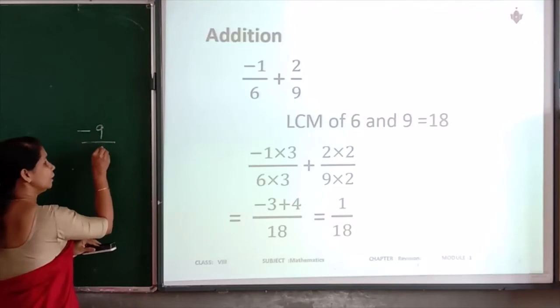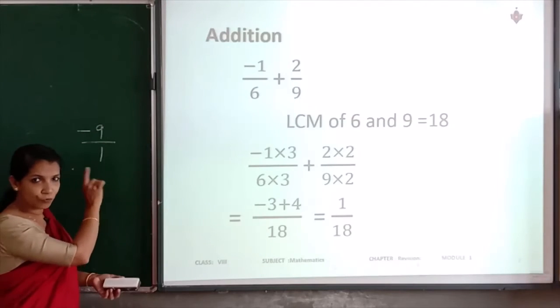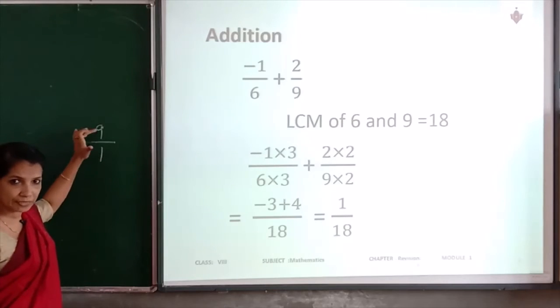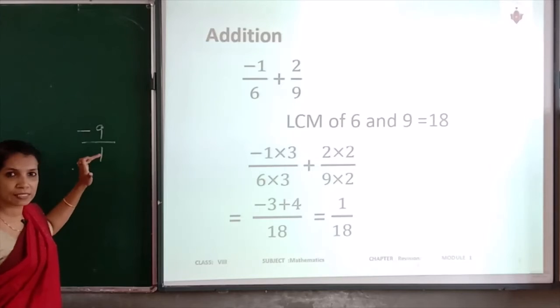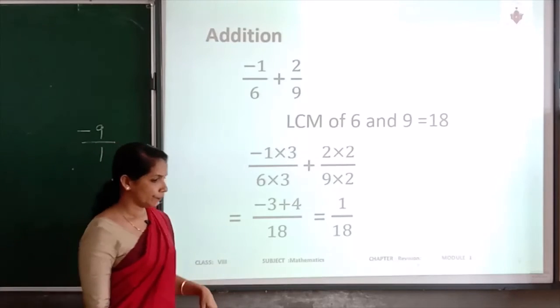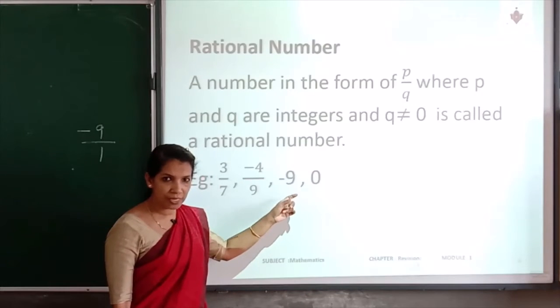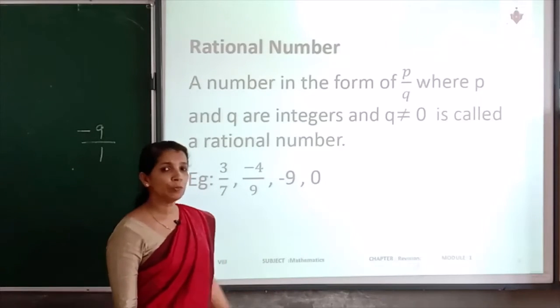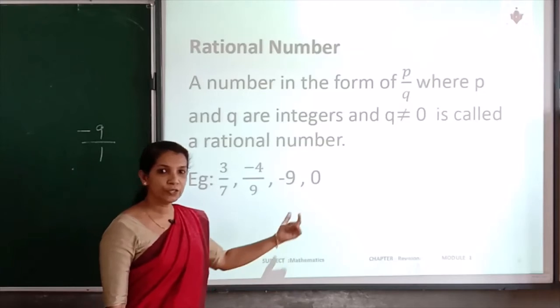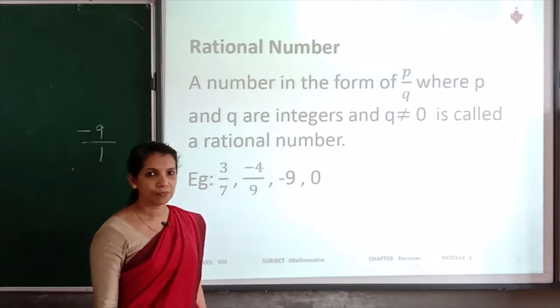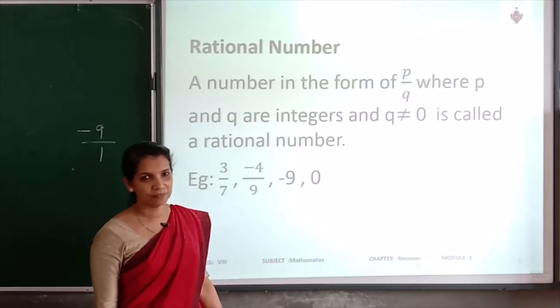Now it is in the form of a rational number, that is P by Q. P is negative 9 and Q is 1. So that negative 9 is also a rational number. What about 0? 0 is also a rational number because 0 can be written as 0 by 1.